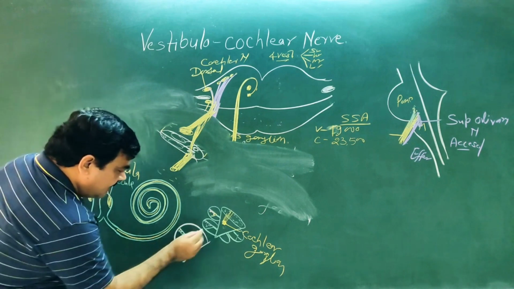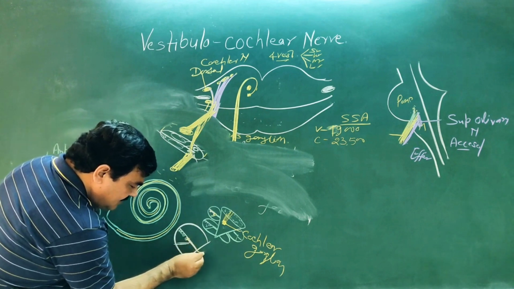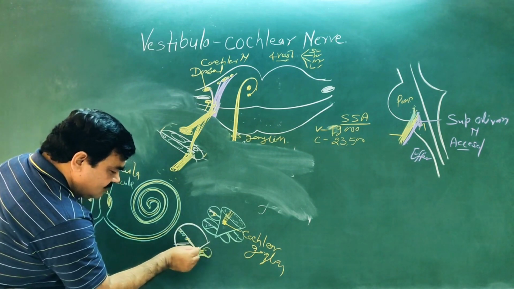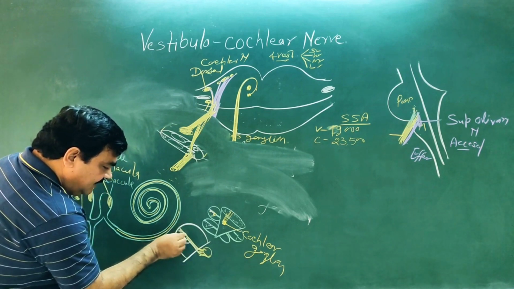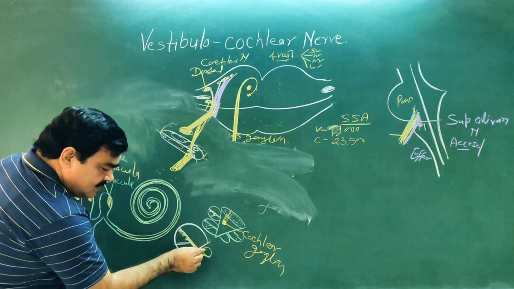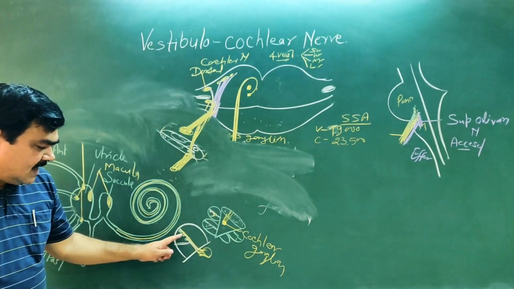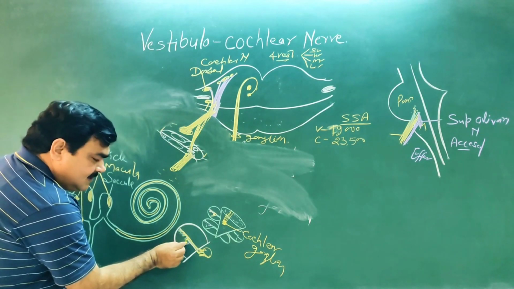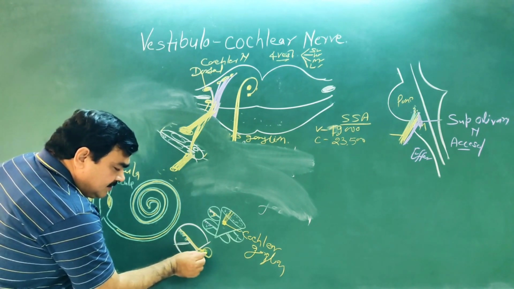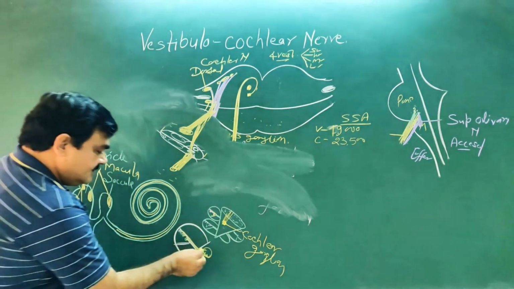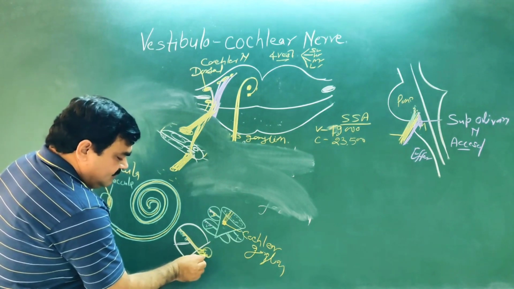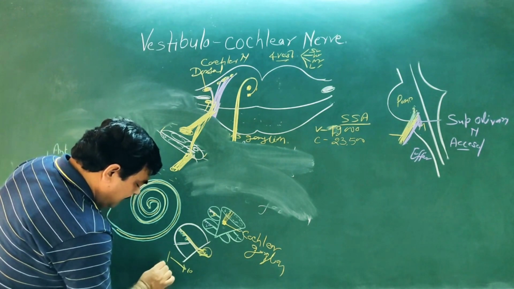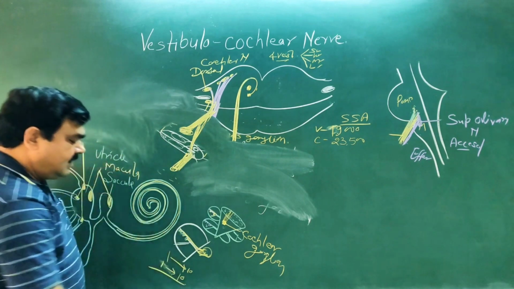One inner hair cell is connected with about 10 nerve fibers of ganglion cells, while one peripheral process of one ganglion cell is attached to about 10 outer hair cells.